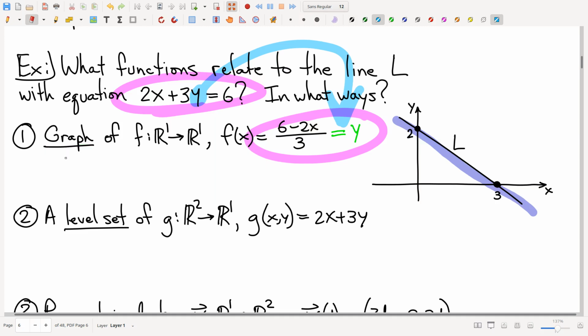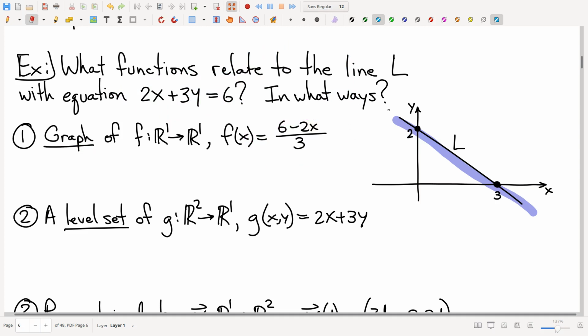All right. Now, how can we represent this same line, same equation, as being a level set of something? Now, this is a totally different construction, right? Again, level set construction, graph construction, totally different. It's not going to be the same function. Let's see, making a level set, I'm going to have to figure out what function I can set equal to a constant to produce that equation.